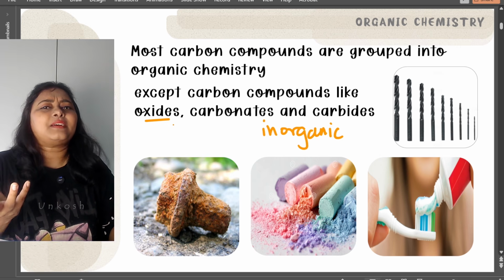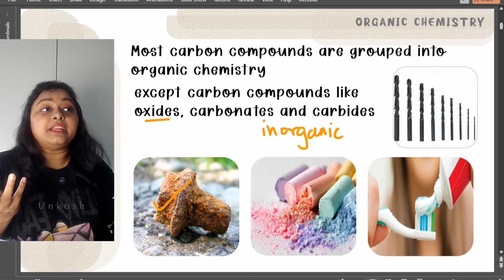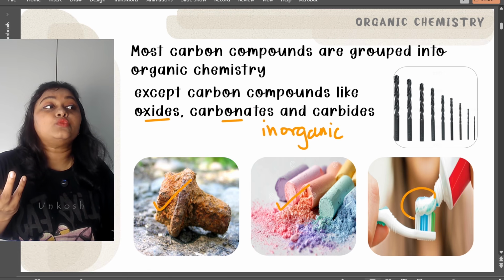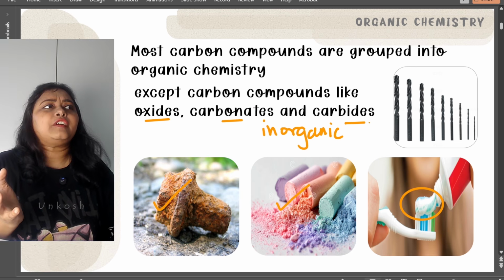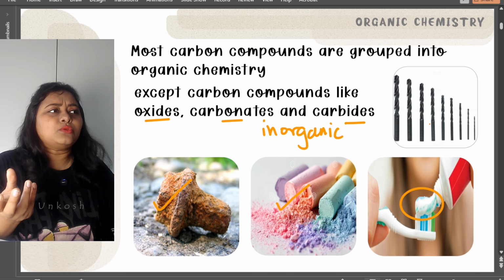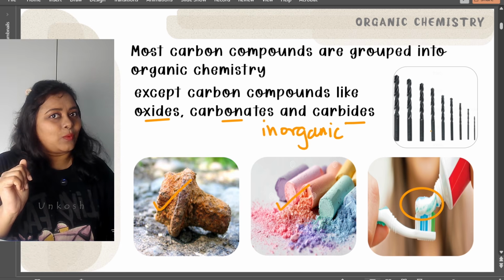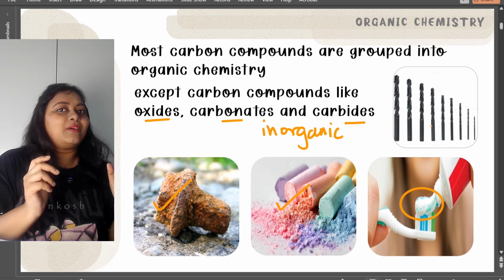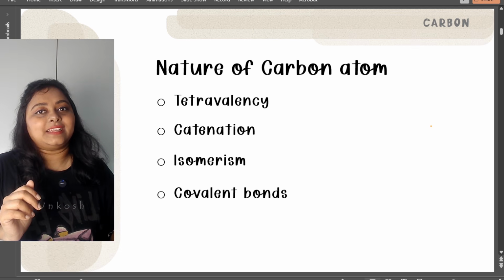Oxides are something that you can find in rusted iron. Carbonates. Carbonates are something that you can find in chalk, in toothpaste, and carbides. Carbides are something that you find in drill bits or in any carpentry tools wherein drilling or cutting is required. So these carbon compounds are inorganic in nature, whereas most of the carbon compounds are organic in nature.